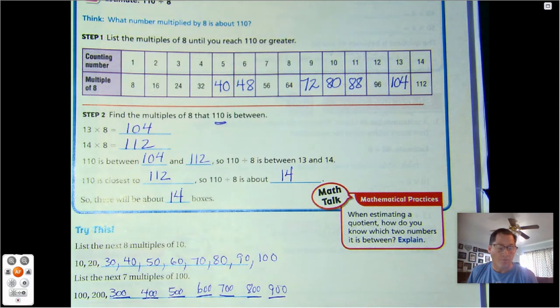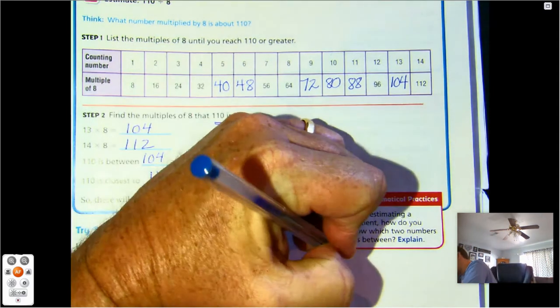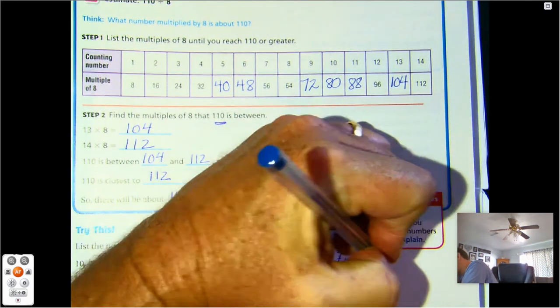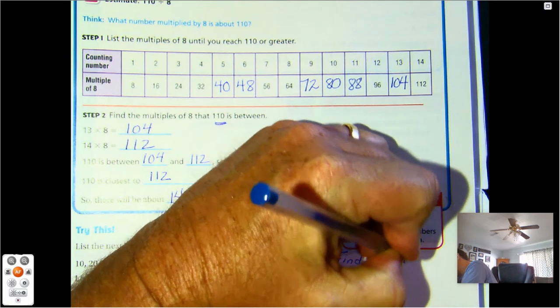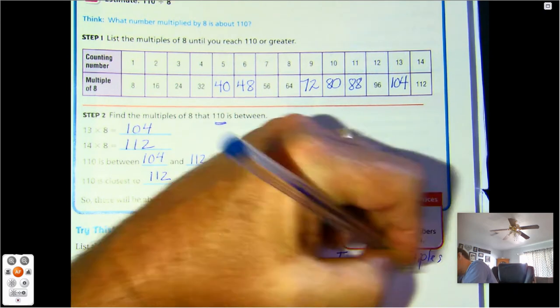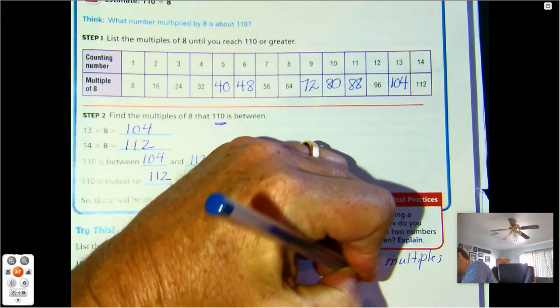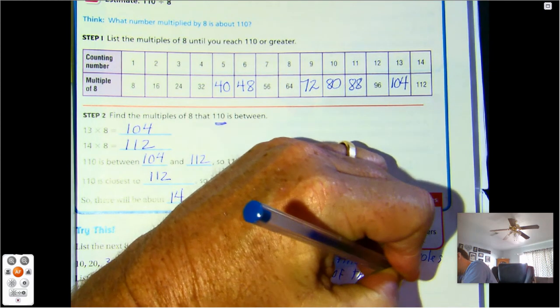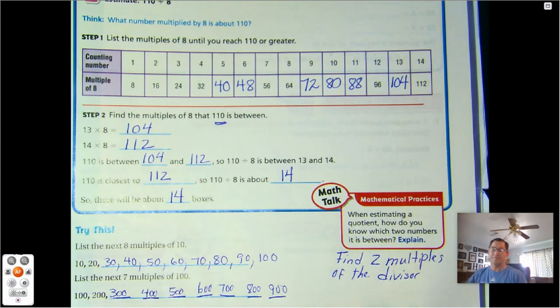So we're going to find 2 multiples of the divisor. The dividend is the number we're taking, like the 110 in this case. And the divisor is what we're breaking it into, or how many groups.